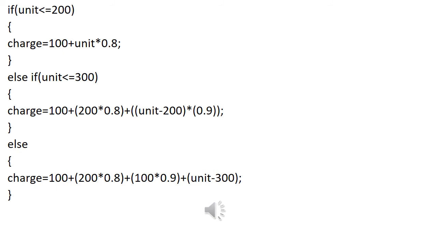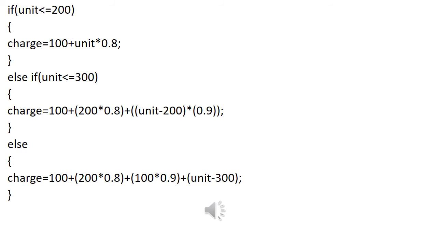For example, if 350 are consumed, then the remaining 50 must be charged at 1 rupee. That is why I have used unit minus 300. Whatever remains will be in rupees, because it is 1 rupee, so number of units into 1. That will yield the amount for the remaining units.